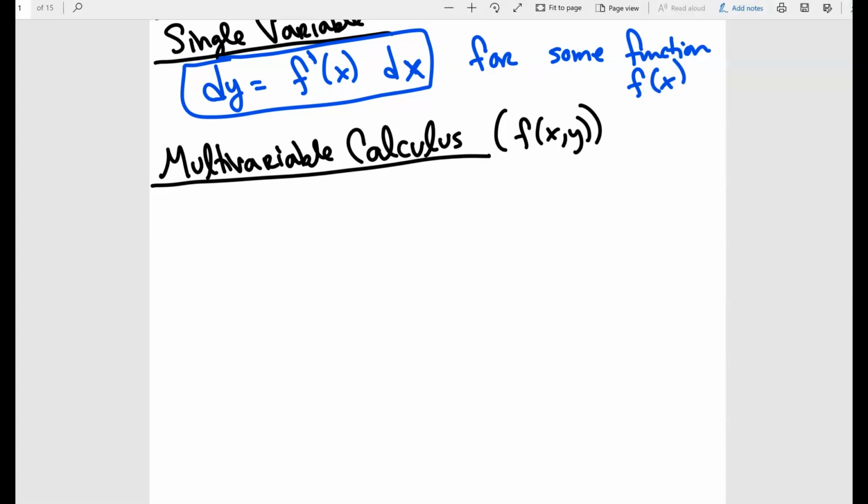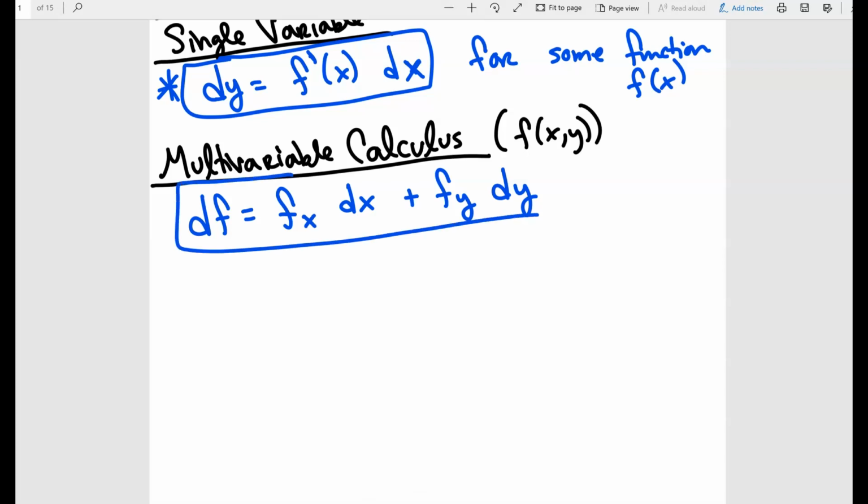We're going to have df equal to the partial derivative with respect to x of the function, and we're going to write dx, plus the partial derivative with respect to y of the function times dy. So it's the same thing as this guy, but now because we have two variables, we have f sub x times dx plus f sub y times dy. So this is going to be the differential. So here is basically the formula.